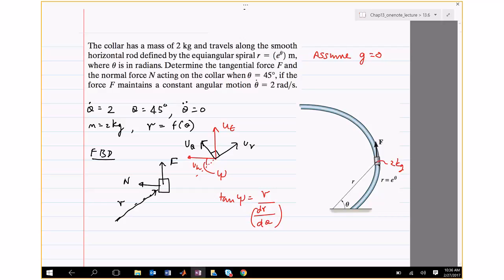So since gravity doesn't act, those are the only forces.